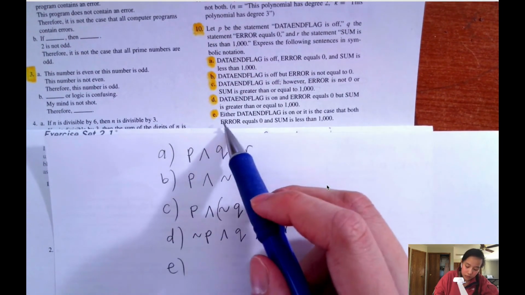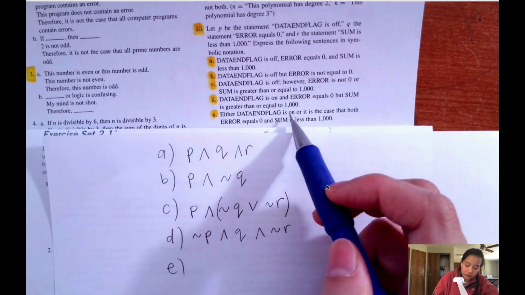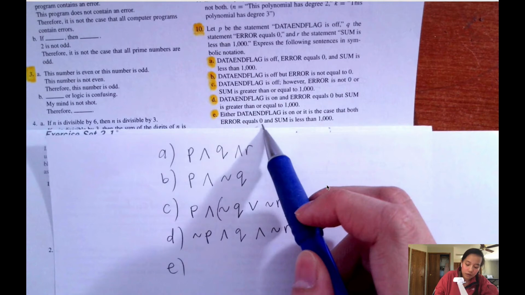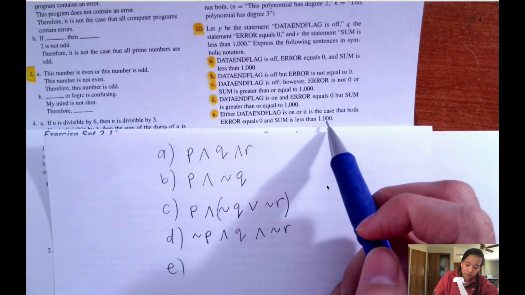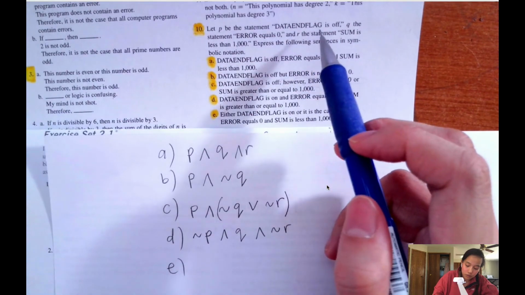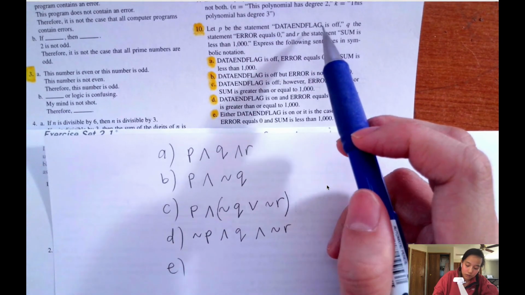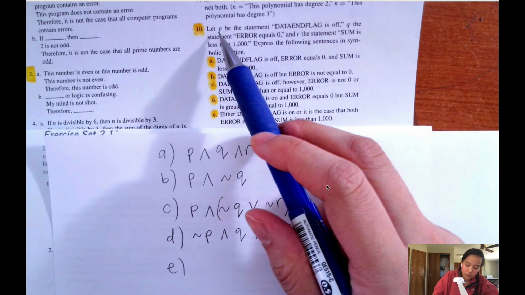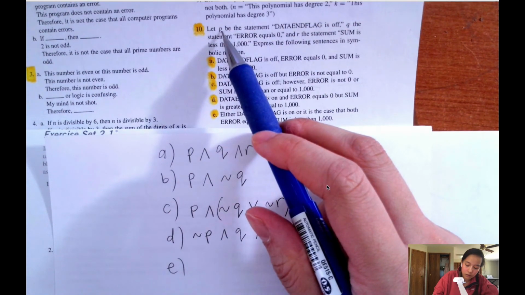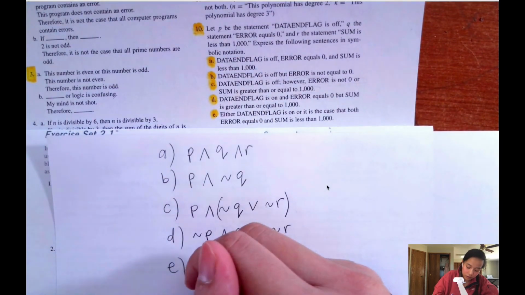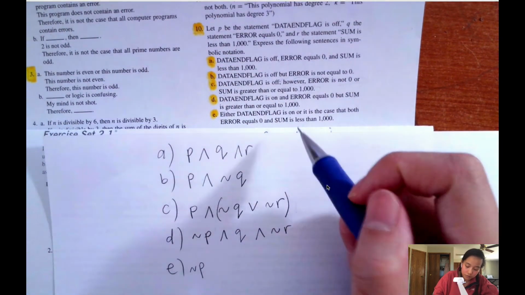Okay, now let's look at the last one. Either data and flag is on, or it is the case that both error equals 0 and sum is less than 1000. So either data flag is on, okay, so data flag is on is the opposite of P, which says data and flag is off. So negation of that.